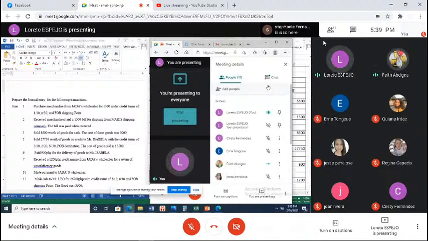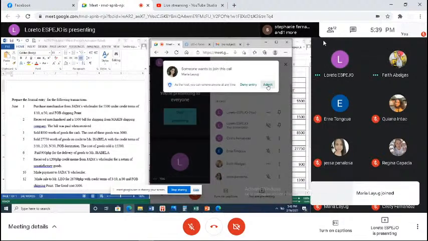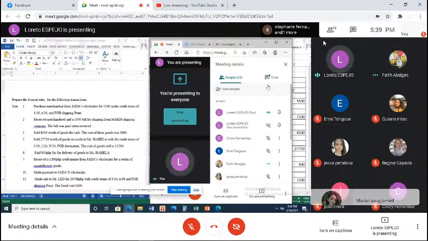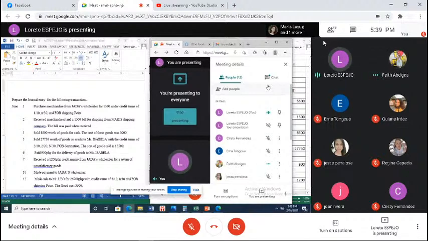Okay? To record this transaction, you need to look back on the previous transaction. So since June 1, nagkaroon ng purchase, so we're going to assume that June 2, the shipping fee paid by the company is in regards with the purchase of merchandise. So how to record this one?